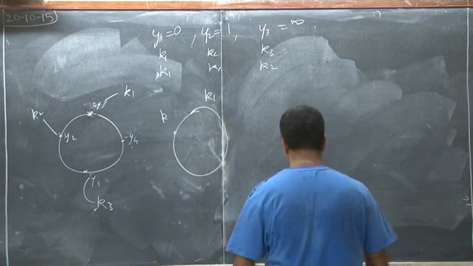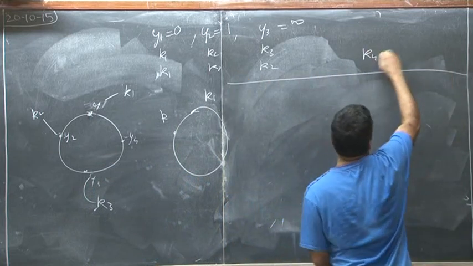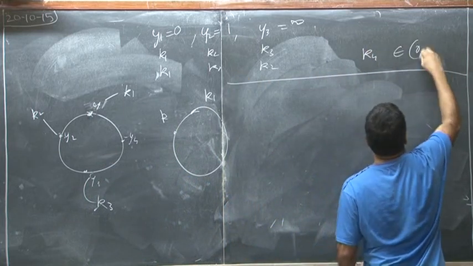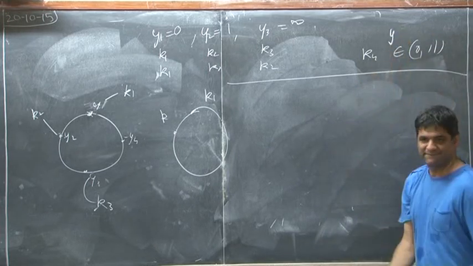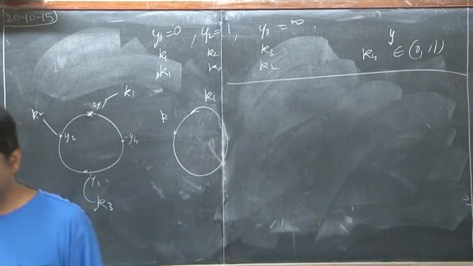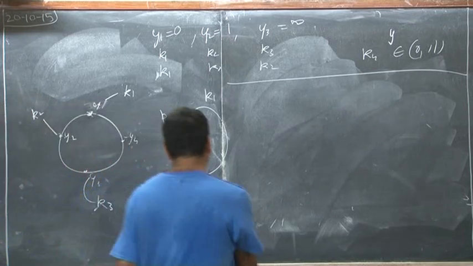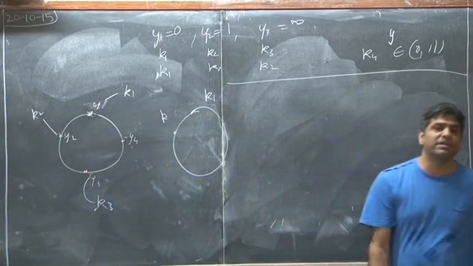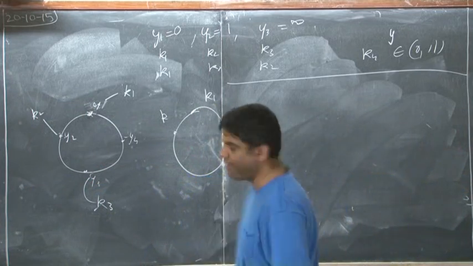Just to be totally concrete, let me say that K4 is between 0 and 1. It's some number Y, which in our mind we fix to be between 0 and 1. We'll have to choose one.